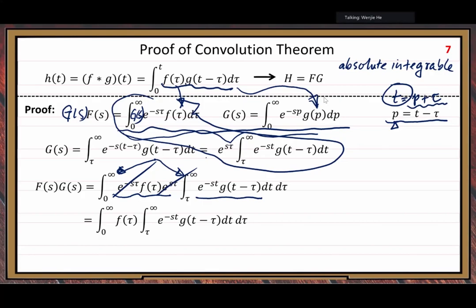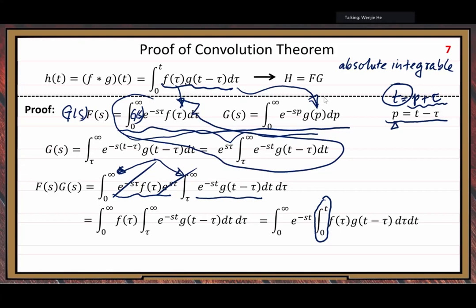After interchange, we get this one, but here you can see there is an important change I need to explain. Look at the inner integral. The integral limit is from 0 to t. So the biggest change is the integral limits.